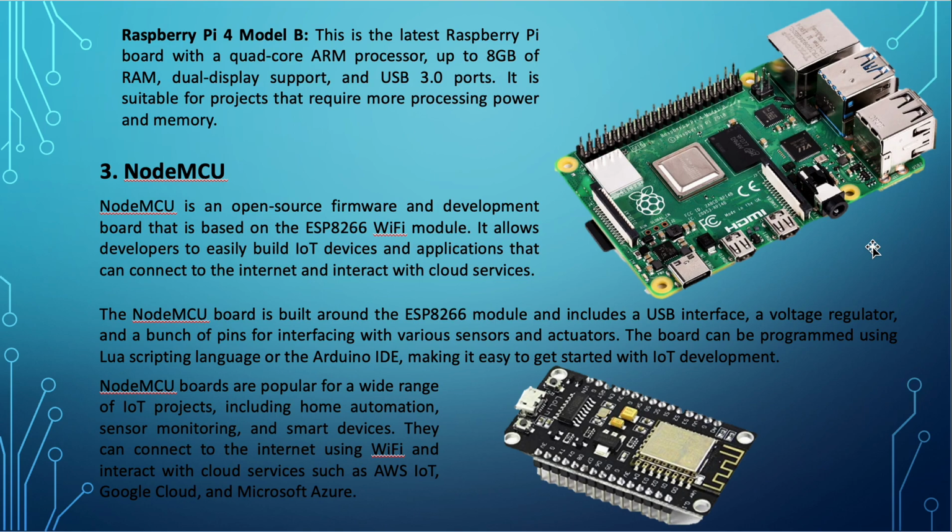If the requirements for the IoT system are intense, and maybe multiple sensors need to be used at the same time, and multiple actuators need to be used at the same time, and we need to automate everything, we can use something like a Raspberry Pi to build such a system with higher processing power.